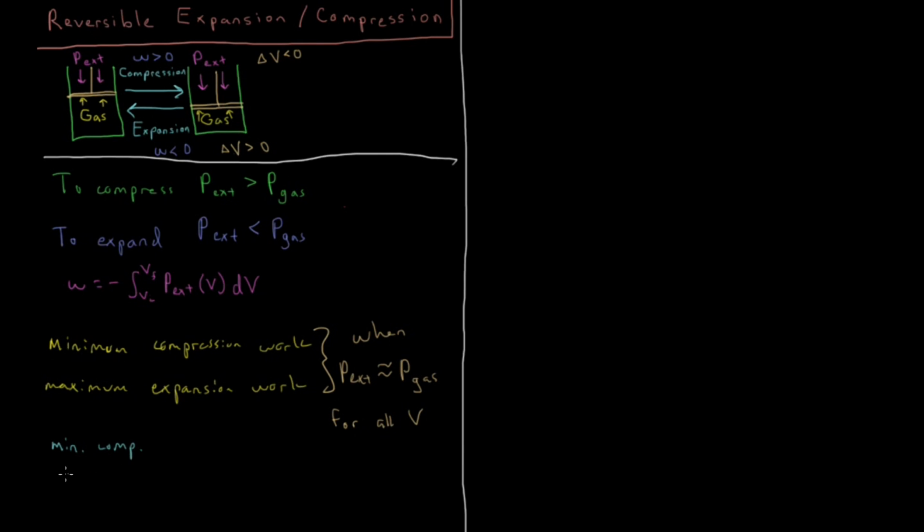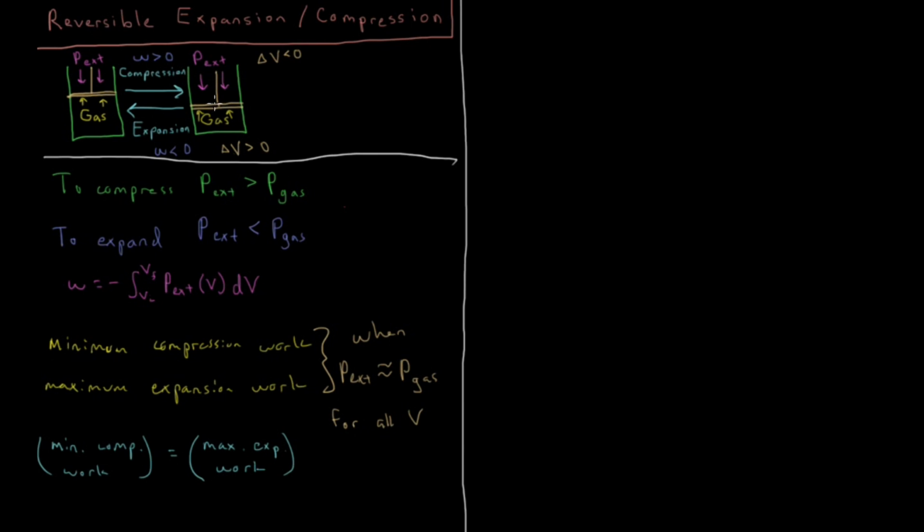So the minimum compression work is going to be equal to the maximum expansion work. And when we have a situation like this, we could take our gas, expand it out here, do the maximum work possible, then take the gas and compress it, doing the minimum amount of work possible, and those two would be equal.